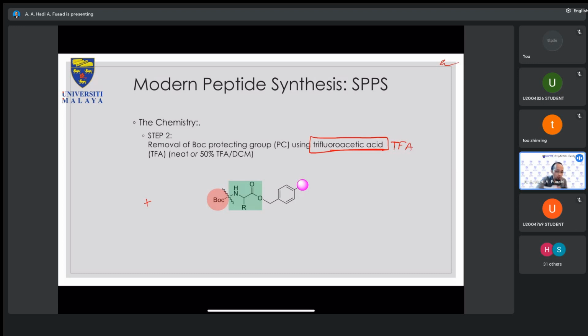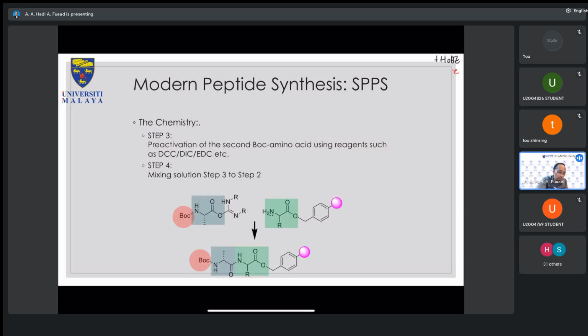And then you remove your Boc protecting group, and at the end of the day, what you'll have is a free amine. Okay, and then the free amine group can now react with the incoming second amino acid. So in this case, an amino acid which has already been activated by DIC.